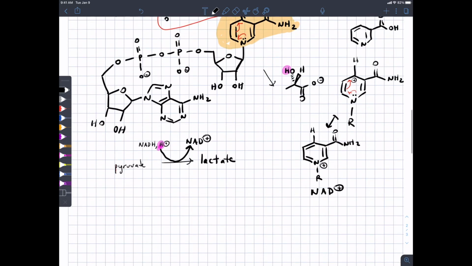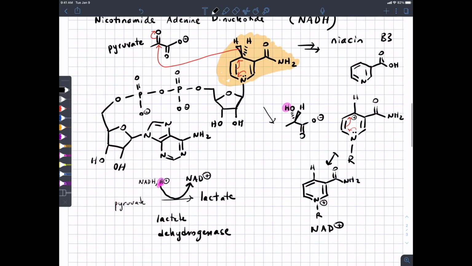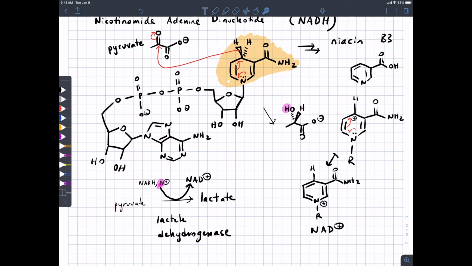The enzyme that does this, I think, is called lactate dehydrogenase. If you see enzymes in biochemistry with the name dehydrogenase, that almost always means that they are doing a reduction or oxidation reaction. The maddening thing is that this reaction and the enzyme is named for the backwards reaction.